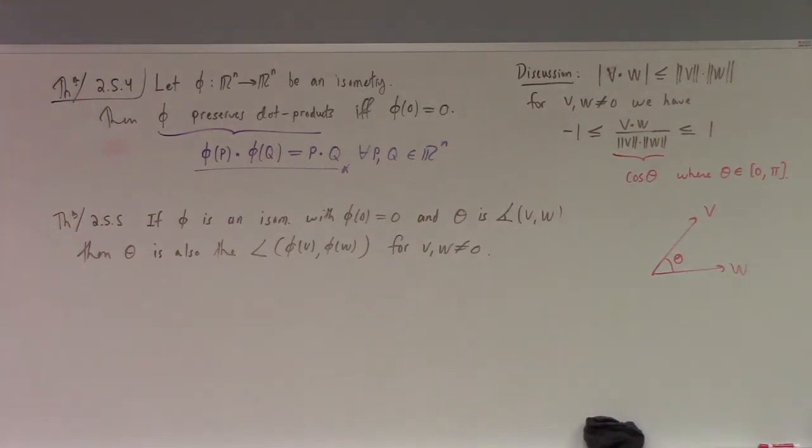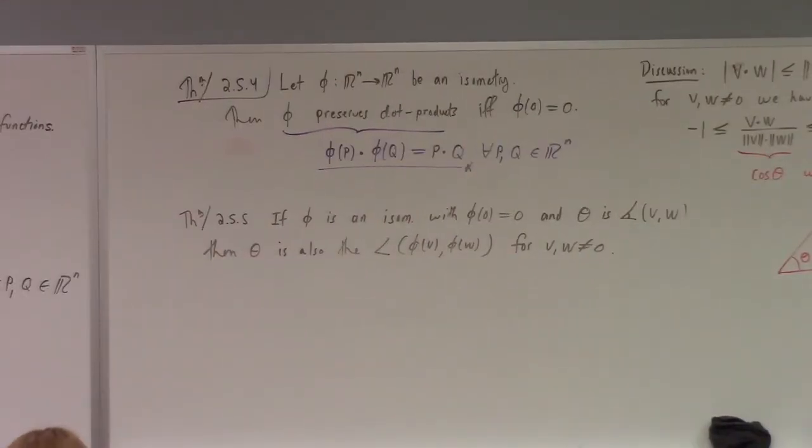In other words, origin fixing isometries preserve angles between vectors.